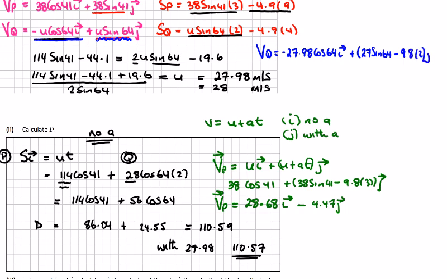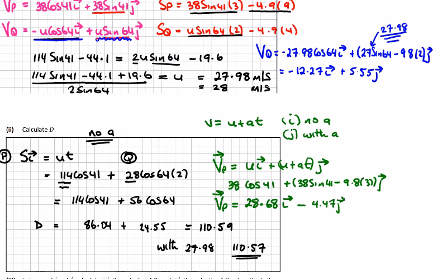So minus 9.8 by 2 in the j direction. First part gives minus 12.27 in the I, and then in the j direction it gives plus 5.54855. Yes, I didn't leave out the 9.8. So this is my velocity of p and velocity of q.